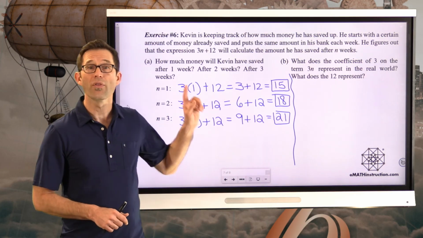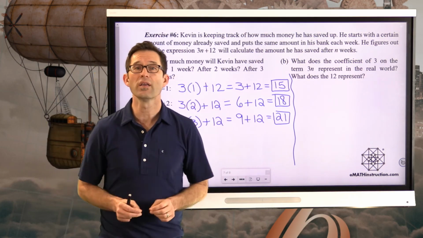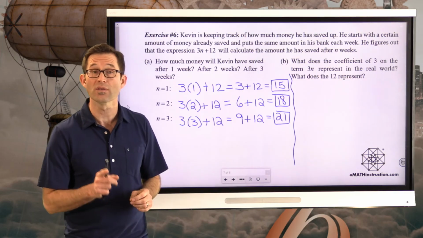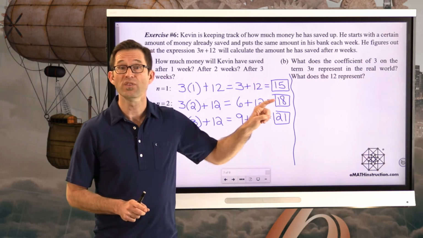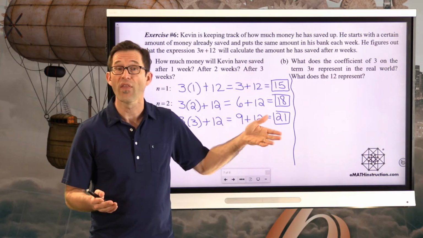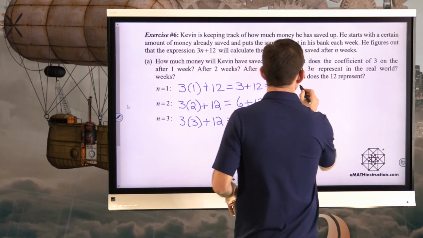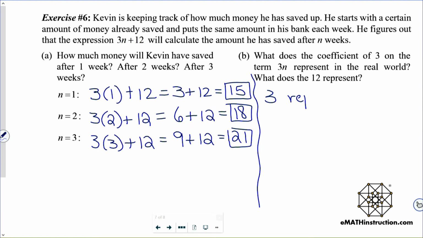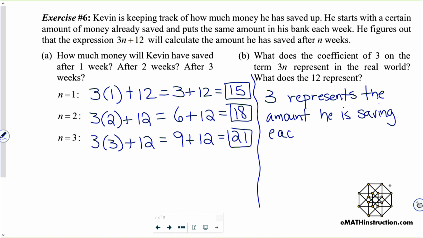All right, well, the 3 is how much money he's putting into the bank each week. And you can tell that, right? Because from 15 to 18, that's $3 more. From 18 to 21, that's $3 more. So the 3 represents the amount he is saving each week.